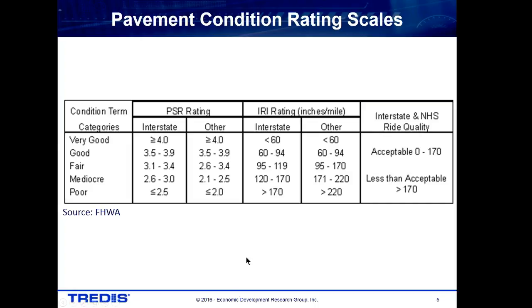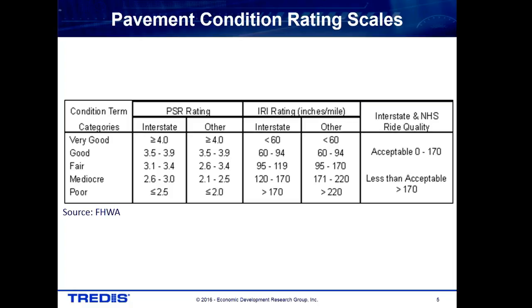Over here to the right, the IRI stands for International Roughness Index. This is calculated by estimating the cumulative deviation from a smooth pavement surface measured in inches per mile, or centimeters per kilometer. That's usually determined by a laser measuring tool along any interstate or other road.